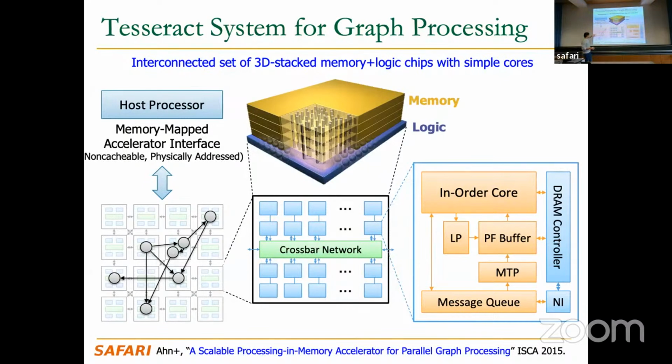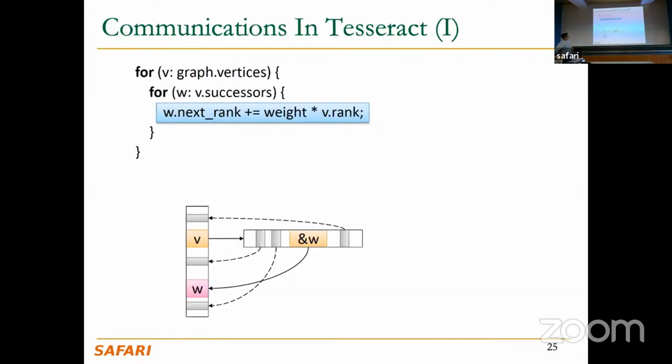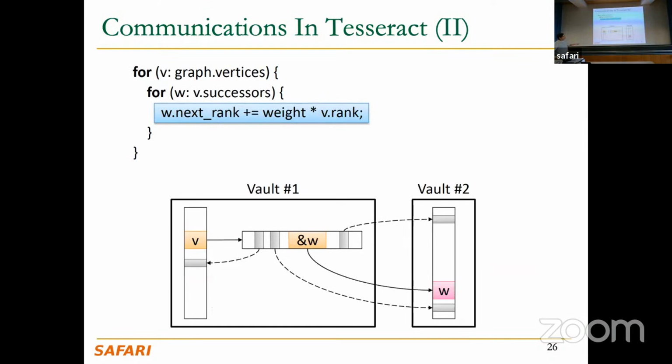The normal thing is that, in order to update a neighbor, you'll have to go to another memory stack, and then inside the memory stack to one specific vault, right? So in order to do these operations efficiently, the core that is updating the neighbors for a particular vertex V can have the ability to communicate via remote function calls to other cores and offload computation to them. And that's what we indeed see in this figure here.